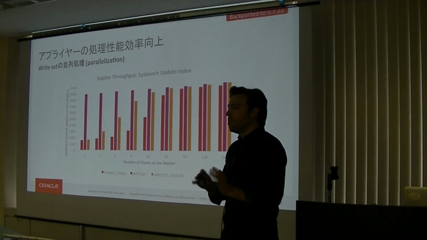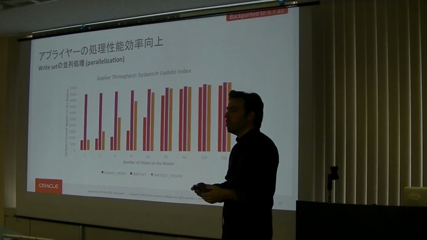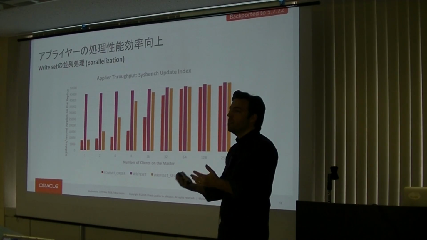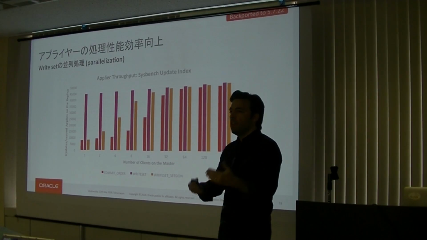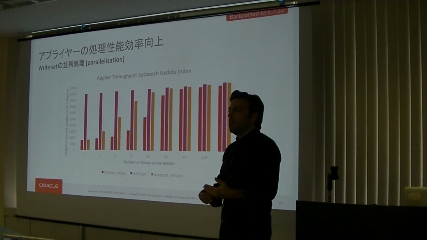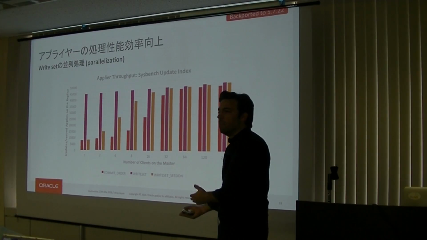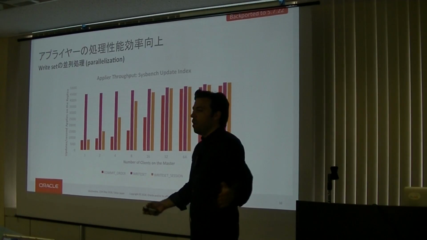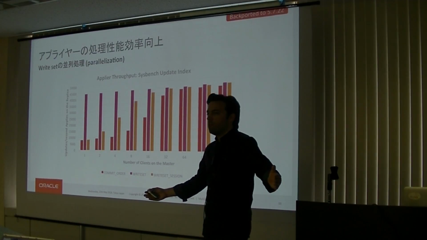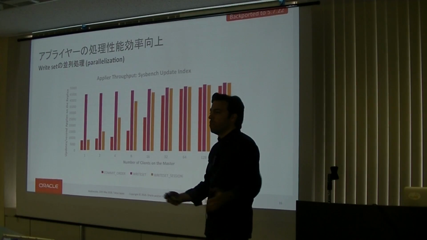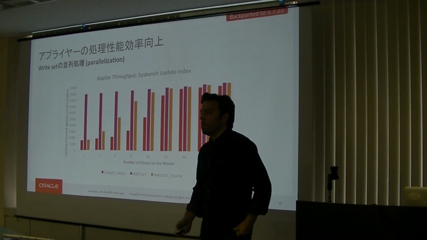It's somewhat simple to explain this dependency tracking mechanism. Ultimately, it's basically something like this. If any two transactions change different rows, they can be applied in parallel on the slave. So if we have transactions in the relay log that touch different parts of the data, we just take them and apply them in parallel.